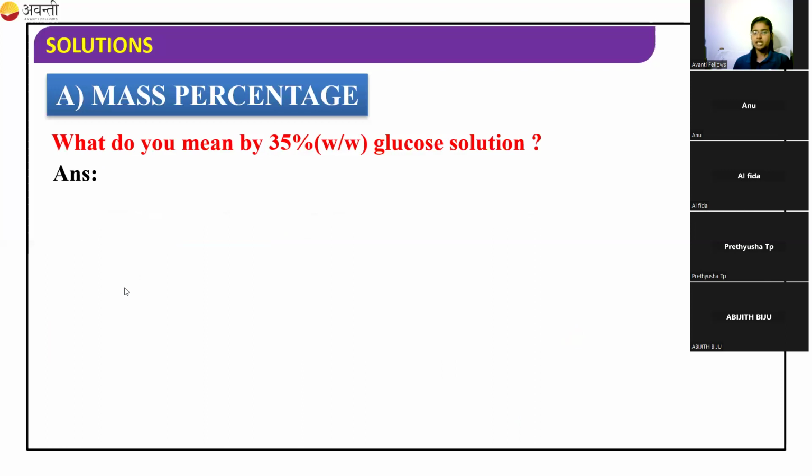What do you mean by 35 percentage glucose solution? Any idea? In terms of mass percentage, how will you tell this? Do any of you know the meaning of 35 percentage glucose solution?